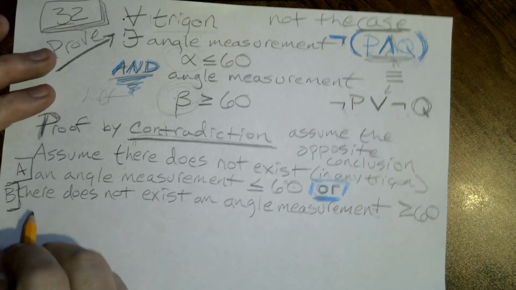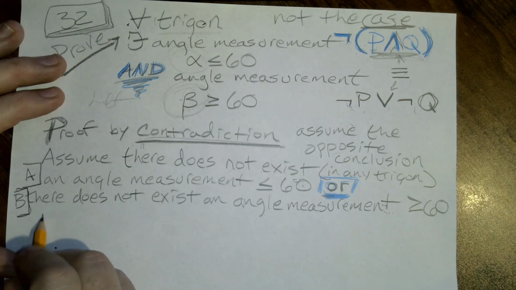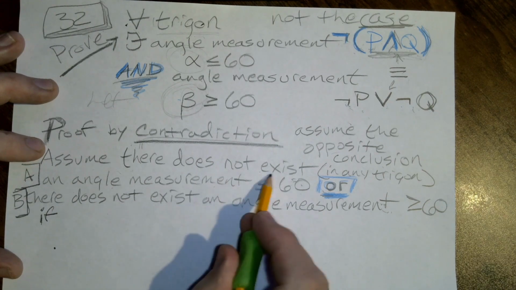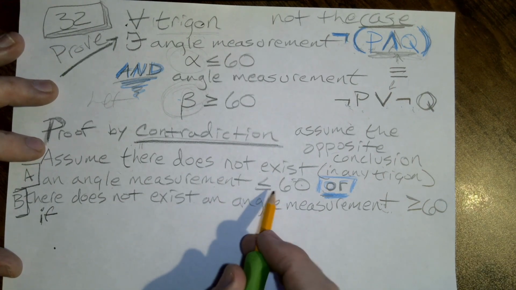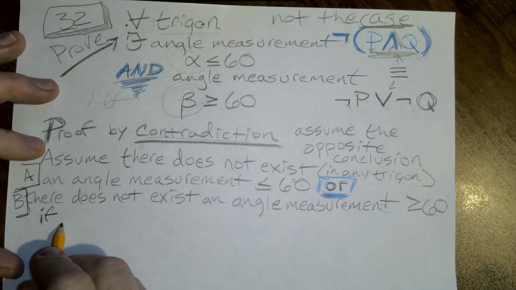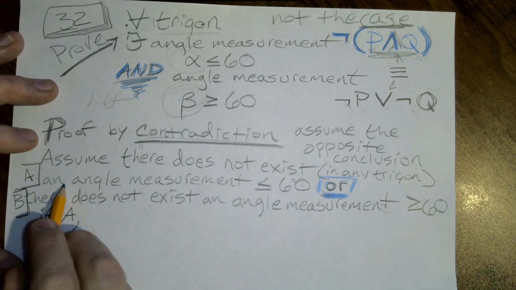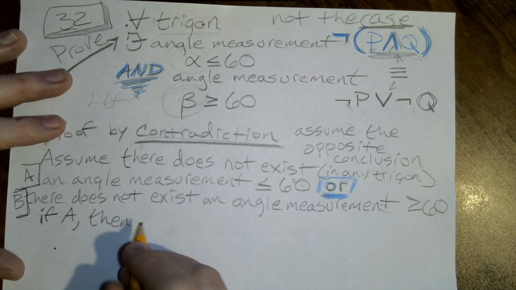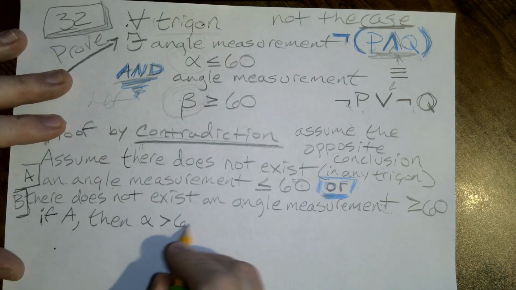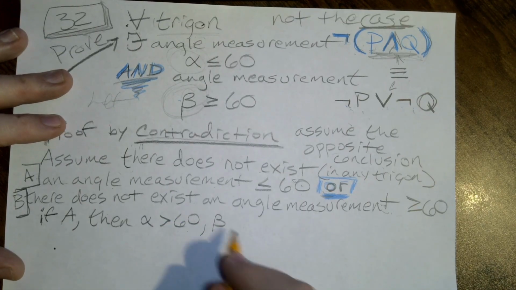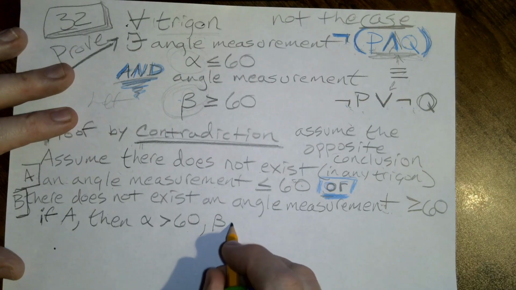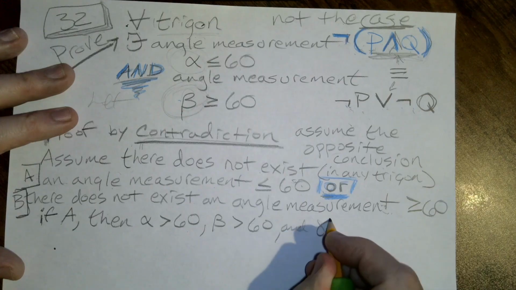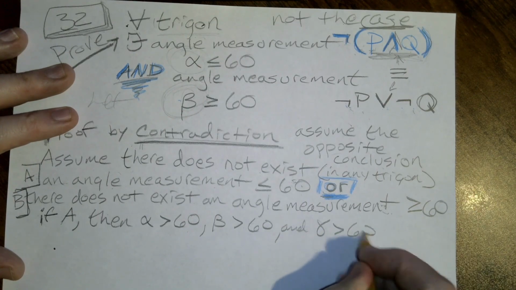So statement A. If we're talking about this first part, there does not exist an angle measurement less than or equal to 60, then if A is the case right here, alpha is greater than 60, beta is greater than 60, and gamma is greater than 60.